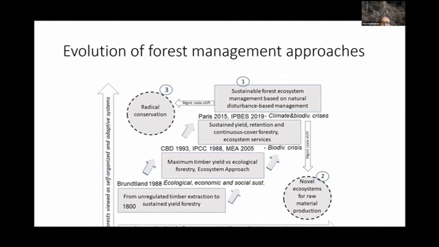And I think that disturbance-based management is one step, or maybe one of the best approaches to our current major challenges of biodiversity loss and climate change. And it holds a lot of promise.